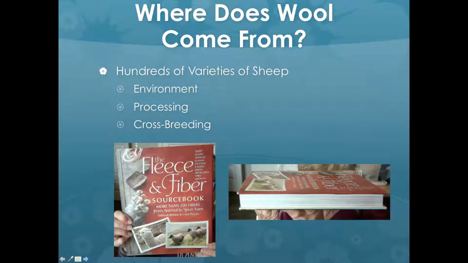So they finally realized this was useless and just turned the sheep loose. The sheep became feral, and some of them survived and learned to live in this very hot, humid climate. Their wool is really nasty. It's not very good wool, but they are sheep. It's called a coastal wool.